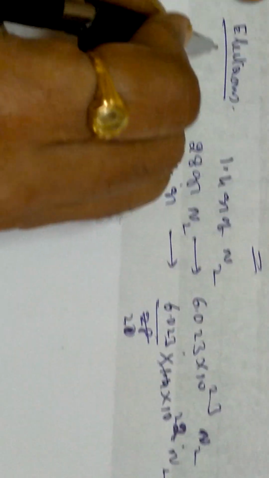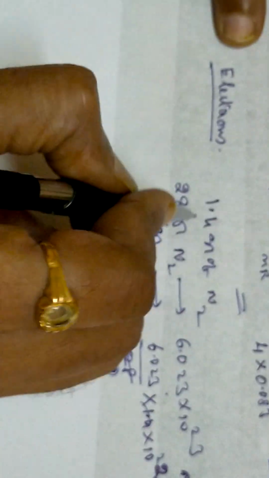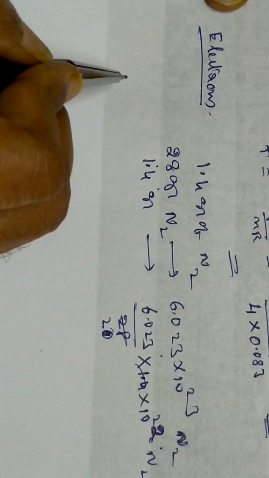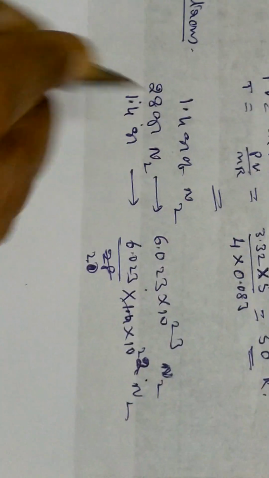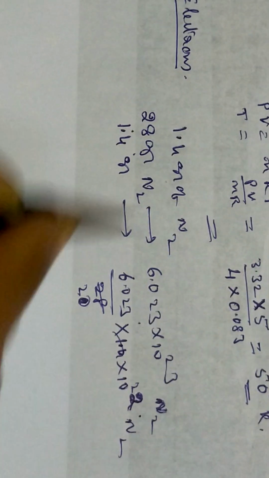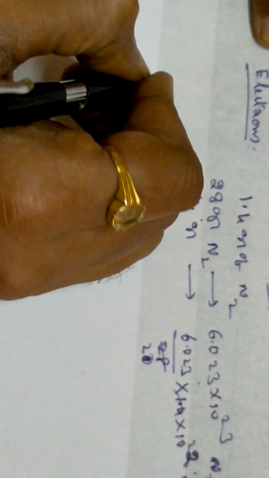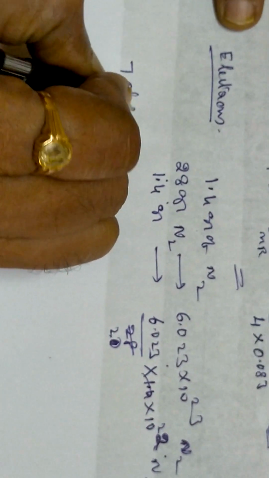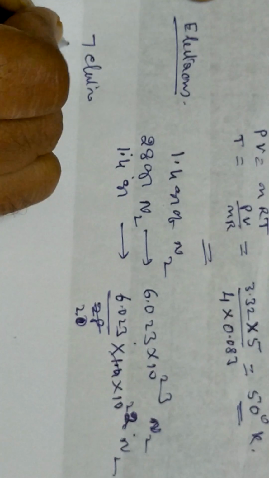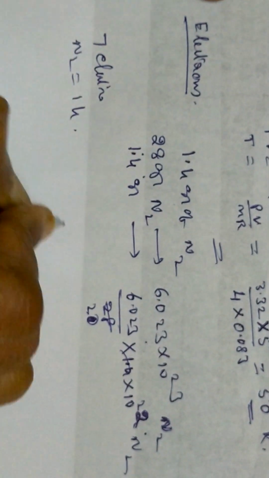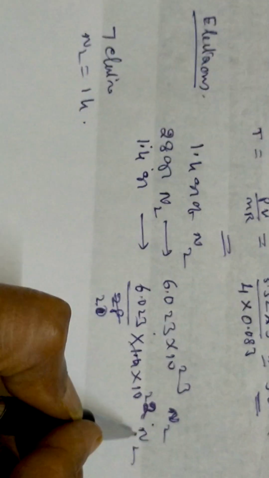But the question asks how many electrons there are. Each nitrogen atom has 7 electrons because the atomic number is 7. Then N2 means 14 electrons, so each nitrogen molecule has 14.